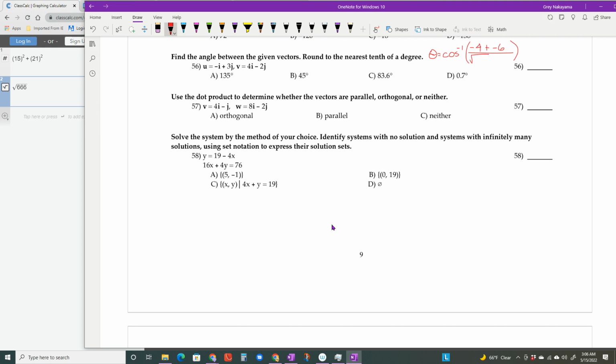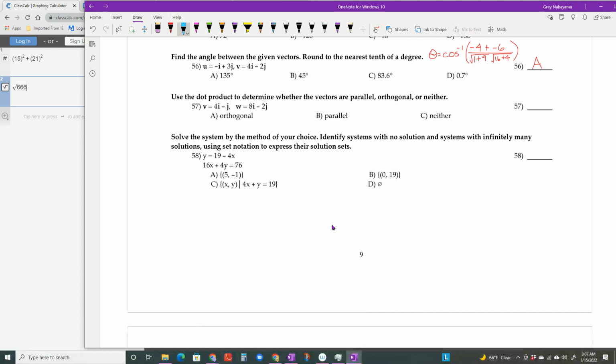That's the dot product on top. The magnitude, remember, is the square root of a squared plus b squared. So that's going to be the square root of 1 plus 9 times the square root of 16 plus 4. And when you put that in your calculator, you're going to get an angle of 135.